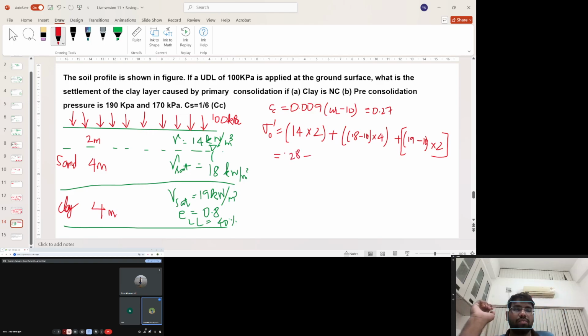That is 28 plus 8 into 4, which is 32, plus 18. 32 plus 28 is 60, so it will be 78. Right? Yes, sir. In kPa. Now delta sigma will be 100 kPa.